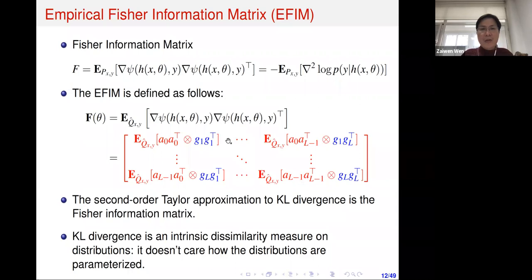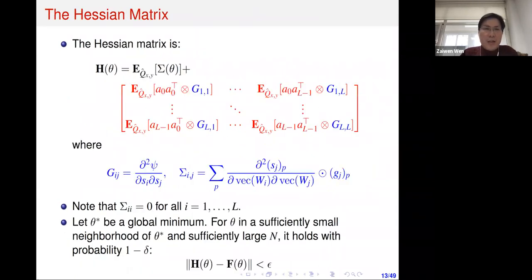We'll use this fact. On the other hand, we can also compute the Hessian matrix from the understanding of statistics, from the observation. The Hessian can be written in this form. It's a summation of two parts.